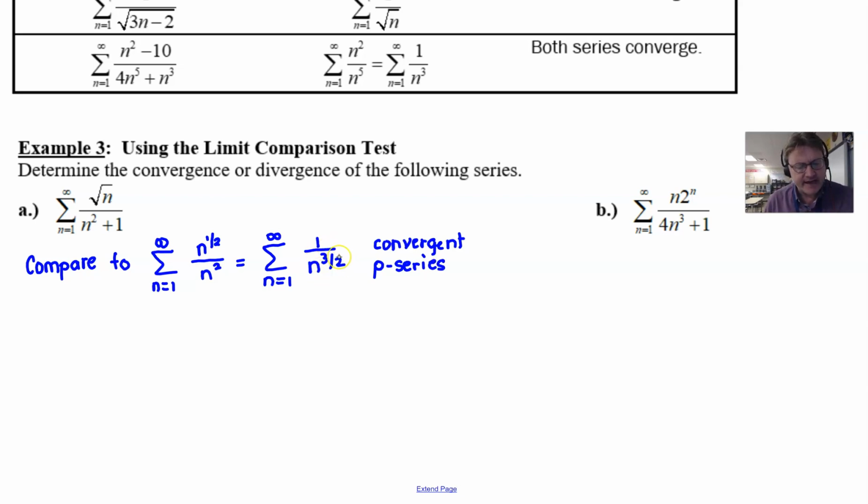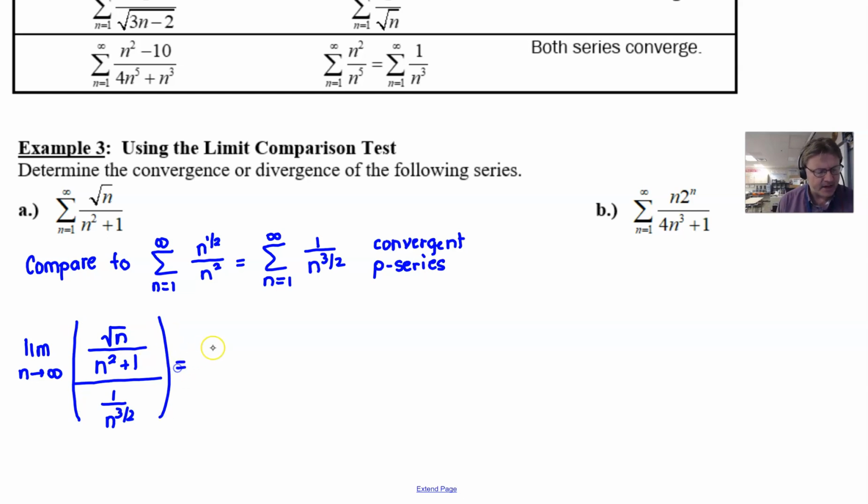The p is 3/2. That's greater than 1. That's why you know that this converges. So here we go. Let's do our limit. We're going to take the limit as n approaches infinity of the square root of n divided by n squared plus 1, all divided by 1 over n to the 3/2 power.